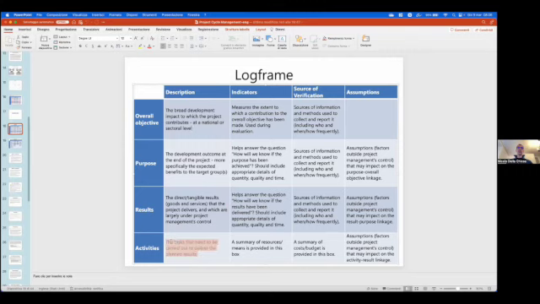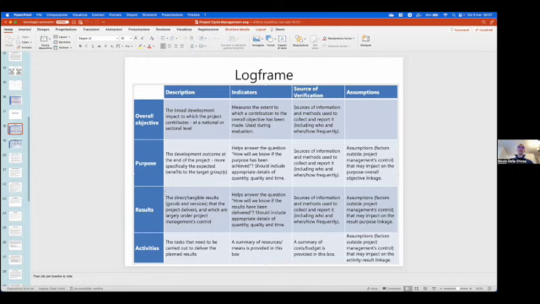So if we start from the activities, they are the practical tasks that need to be carried out in the project, and they will lead to the results, which are, as we said, one kind of objective, but tangible. They are the tangible results of the activities of the project. So it's what we immediately produce with the implementation of our activities.